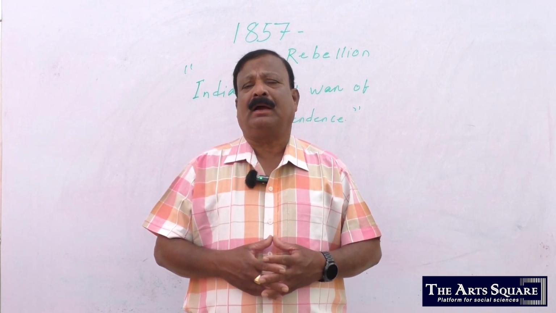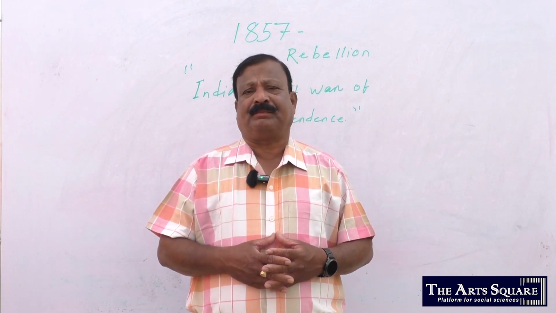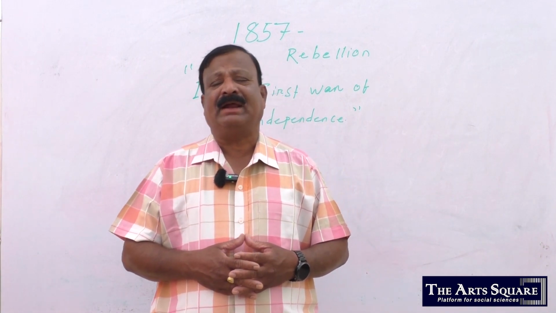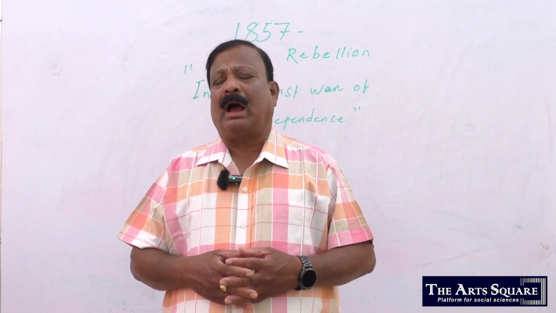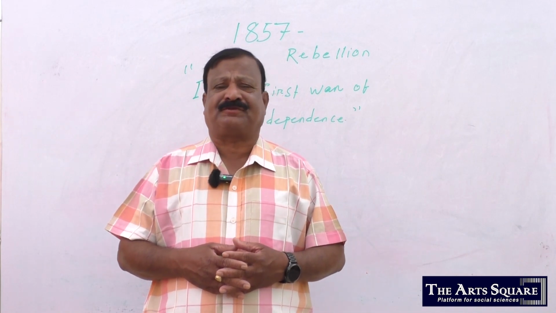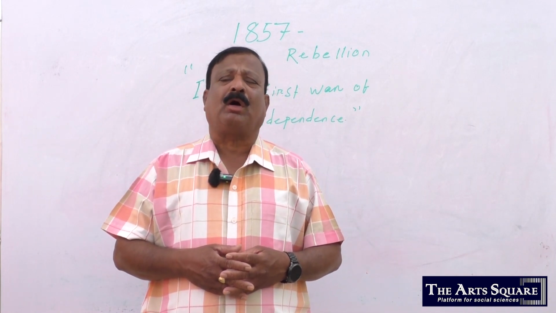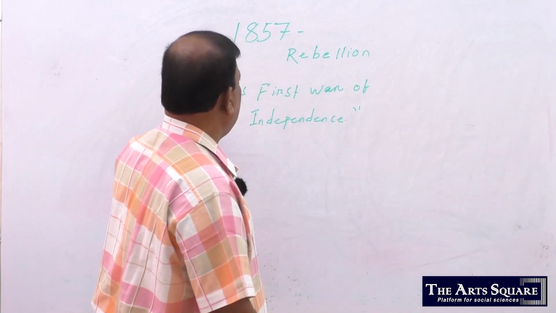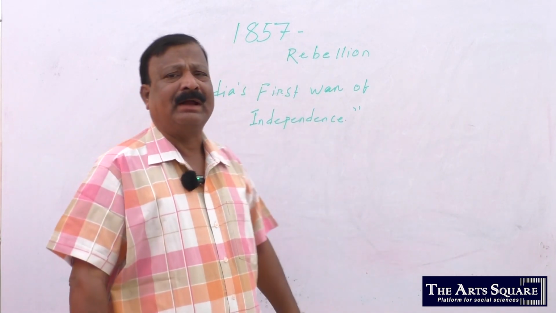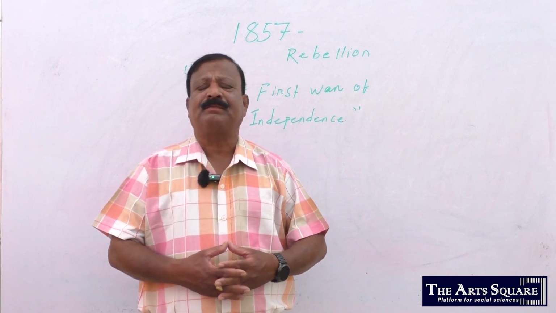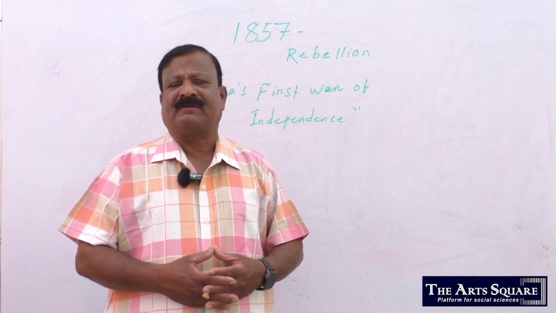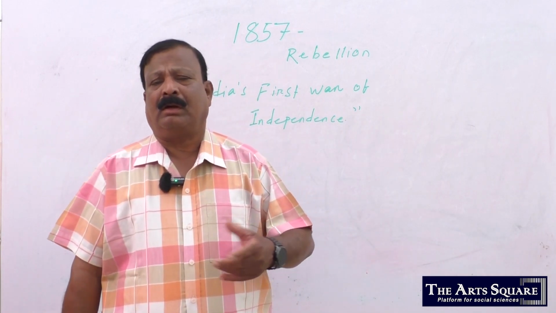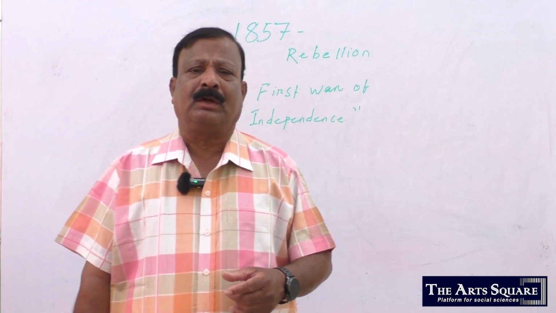And this uprising, we call it the 1857 rebellion. According to historians and many authors, they call it India's first war of independence. That means Indians never started this type of rebellion earlier.